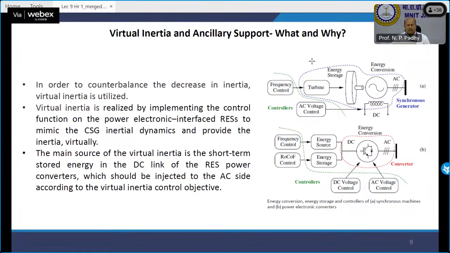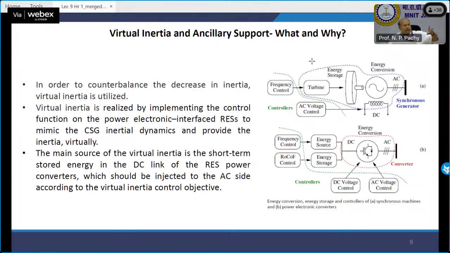Now, the main source of virtual inertia is the short-term stored energy in the DC link. So DC link holds some energy, okay, of the RES power converters, which should be injected to the AC side according to the virtual inertia control objective. So what we do in a conventional system, we extract the inertial energy from a synchronous machine, okay?